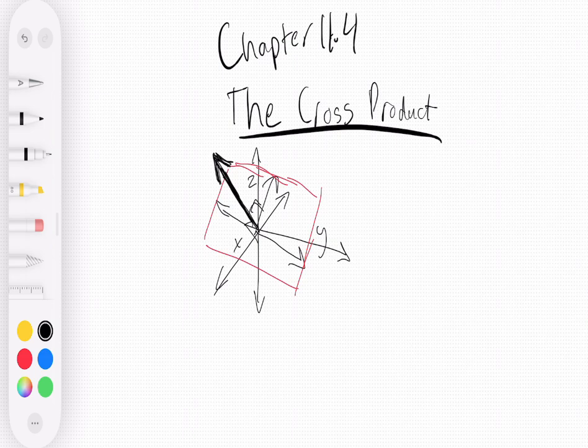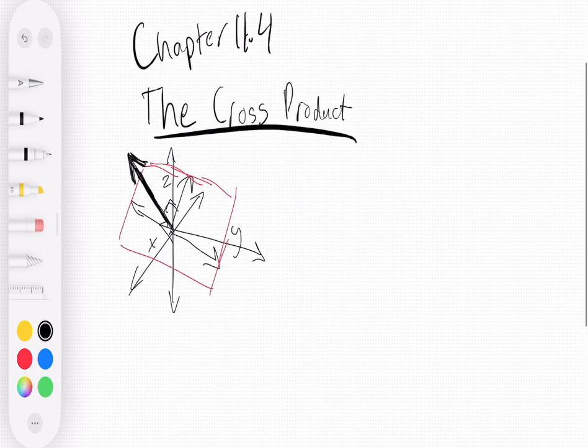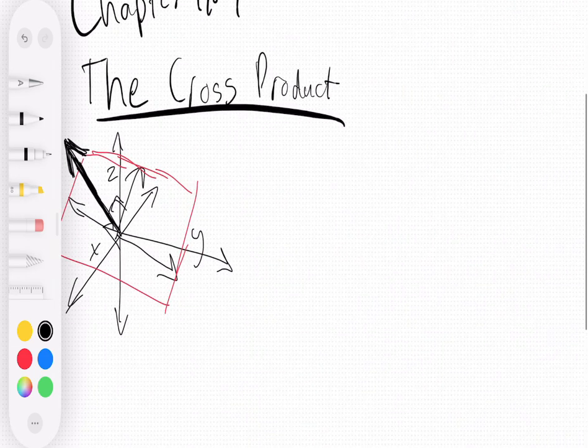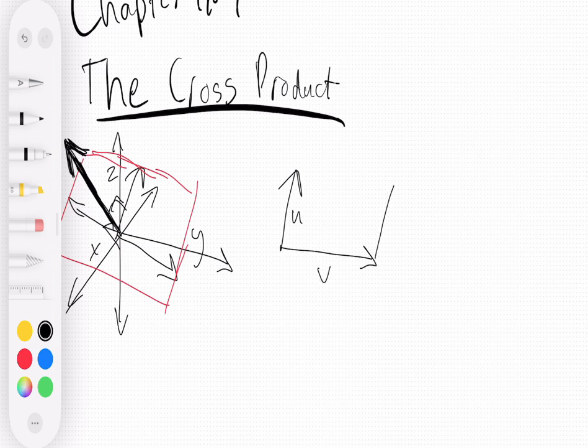And the magnitude of this new vector is going to be equal to the parallelogram area formed by those two initial vectors that we're taking the cross product of. So for example, let's say we have u and we have v. These are going to form a parallelogram, and that parallelogram is going to have some area.